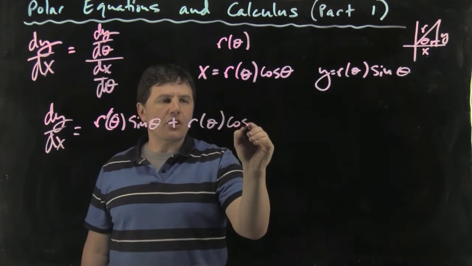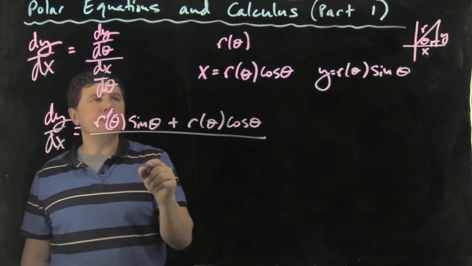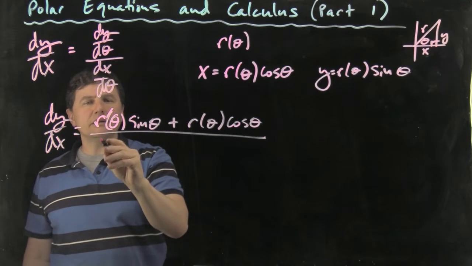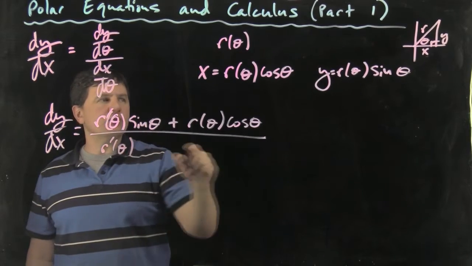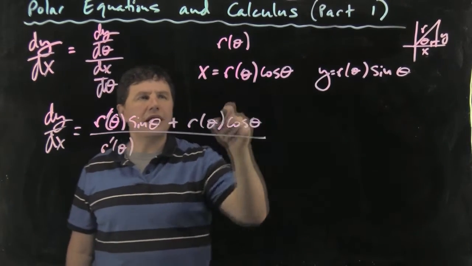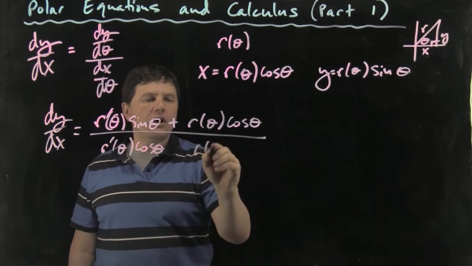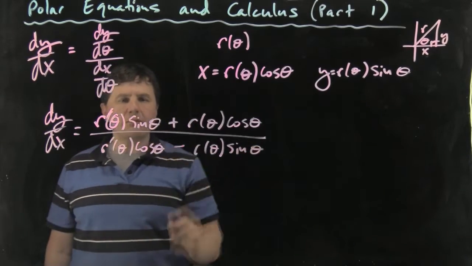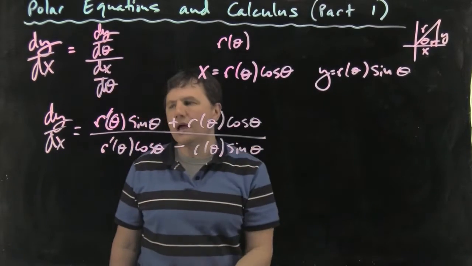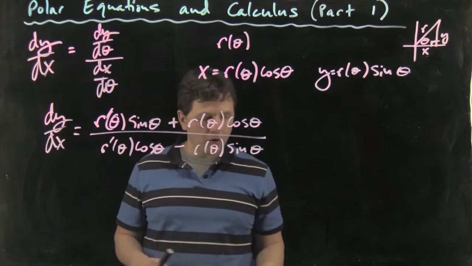And the derivative of sine is cosine theta. All right, and then we get r prime of theta. So we're taking the derivative of the x part now. Copy the cosine down, and then copy the r down. Derivative of cosine is negative sine, so we'll make this a minus. So we can always do this as a formula. Personally, I like to do it depending on the problem, which I'll show you here in a moment.